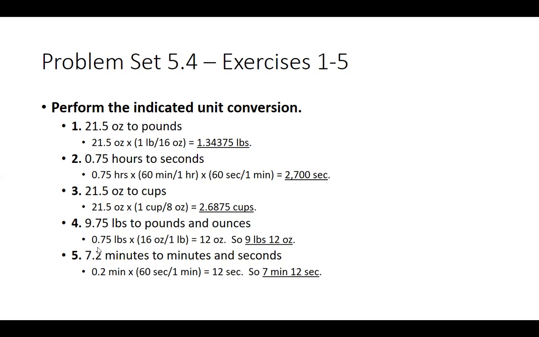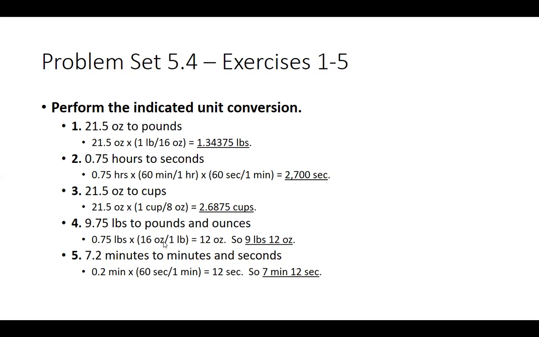In number 4, we want to convert 9.75 pounds to pounds and ounces. So the 9 part of the 9.75 pounds is already our pounds. We just need to convert the 0.75 pounds to ounces.